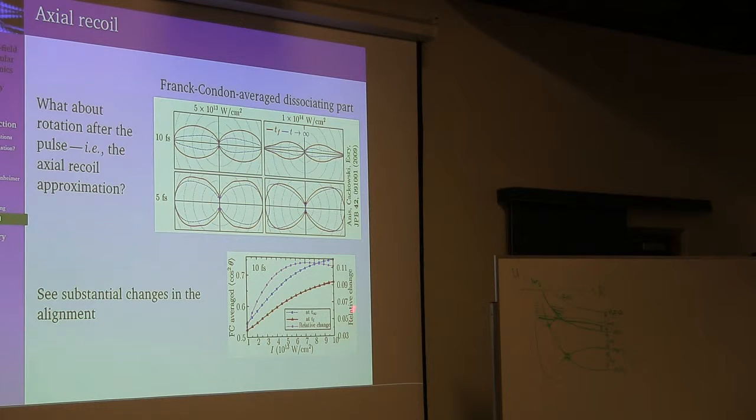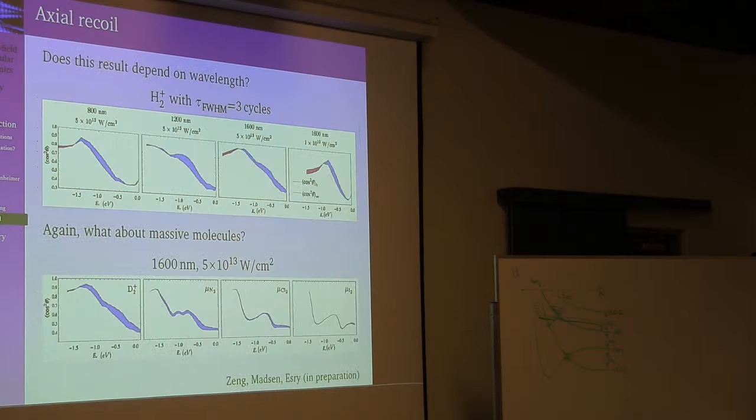Gets actually above 10%. But folks that are doing alignment, that are purposely trying to align molecules, have worked really hard to get a 10% relative change. That's actually a very big change in the alignment. And that's what you can see in these kinds of plots, that the change is actually fairly dramatic.